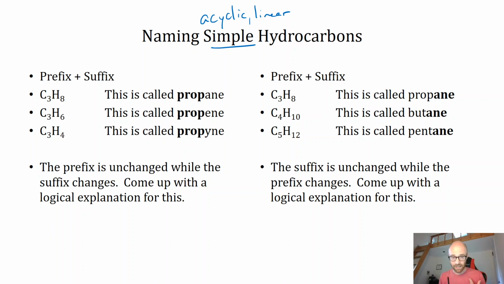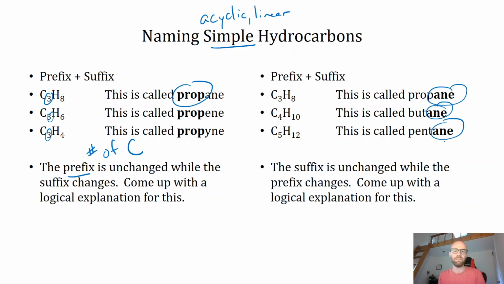It seems to me that each of these hydrocarbon names has 2 parts: a prefix and a suffix. Looking at these 3 examples, the only thing that's the same between them is the 3 carbons. So the prefix should represent the number of carbons. Again, this is true for a linear acyclic hydrocarbon. The suffix also communicates something.